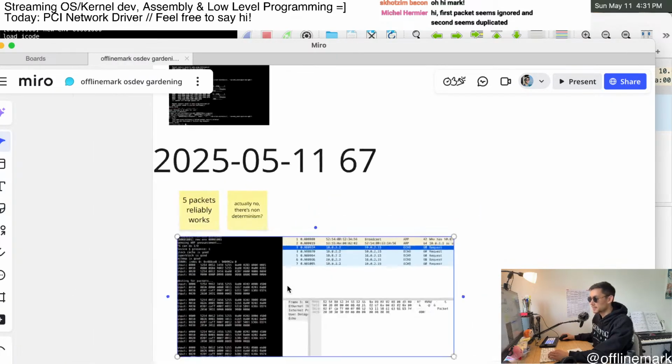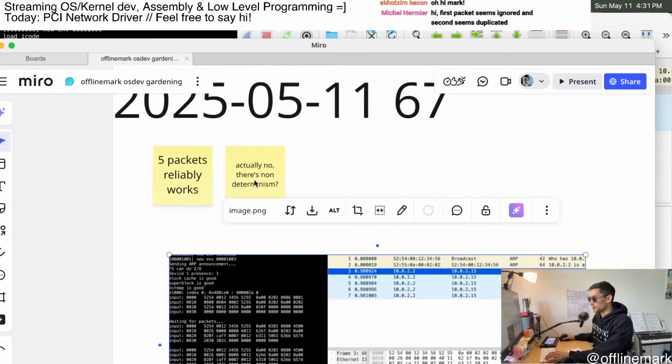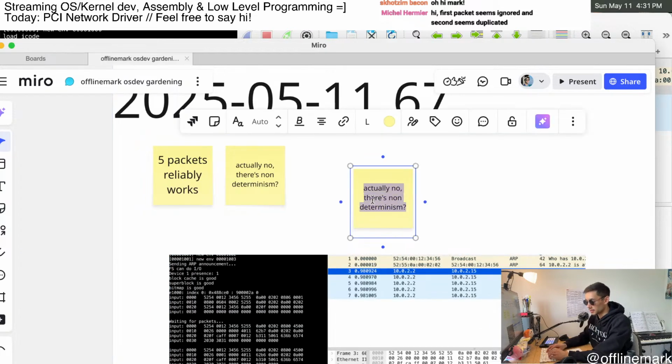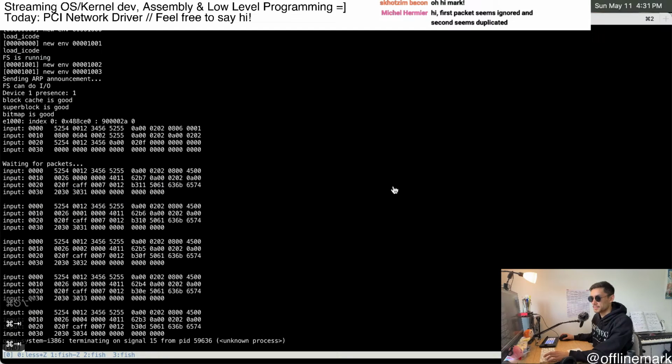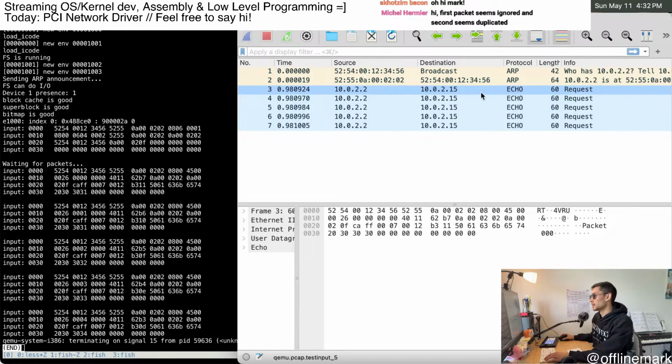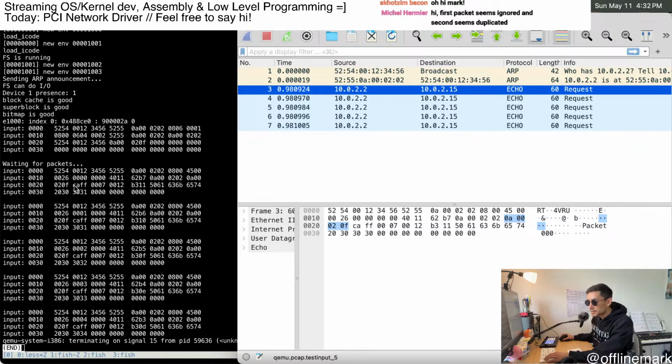Hey, Miho. Nice to see you again, and thank you for the debugging help. So we were saying first packet seems ignored, second it seems duplicated. Let me just check that again. So first packet, right? As you notice, it is being ignored, and then the second one is being duplicated somehow.